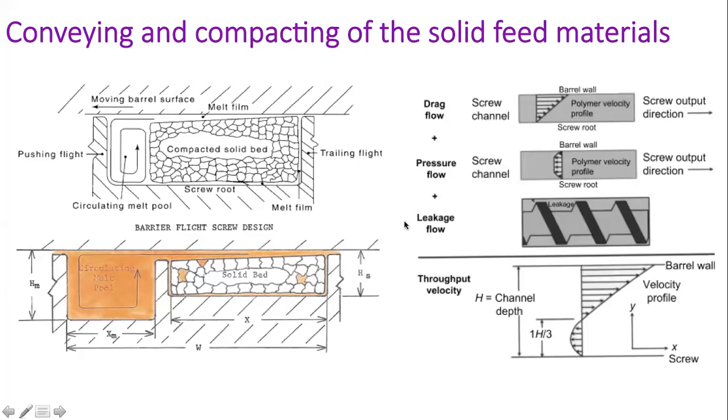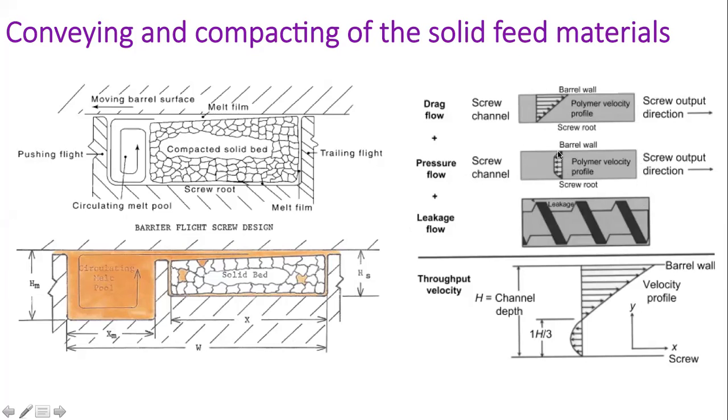And there is a term called leakage flow. Right? Now the solid bed is there due to this compact structure, so you know pressure flow is there from right to left.